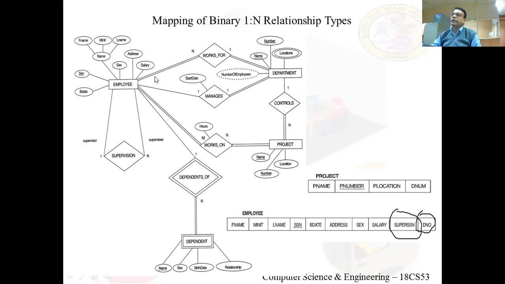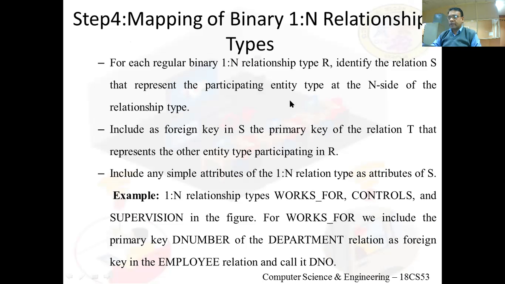I have identified the 1:n relationship type in the ER diagram. Identify the relation at the n side. Employee is the relation at the n side that we have identified. Include as a foreign key in S the primary key of T that represents the other entity type participating in R. R is nothing but the relationship type.